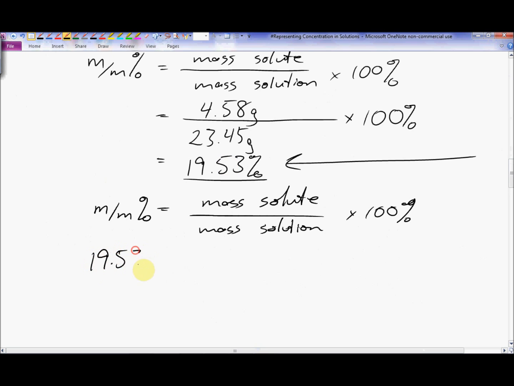Okay, mass of the solute, that's what we're trying to find in this question. Mass of the solution, we've been told the solution sample is 100 grams. Multiply through by 100%, and we can solve for our mass. This will tell us how much mass would be in a 100 gram sample of this solution.